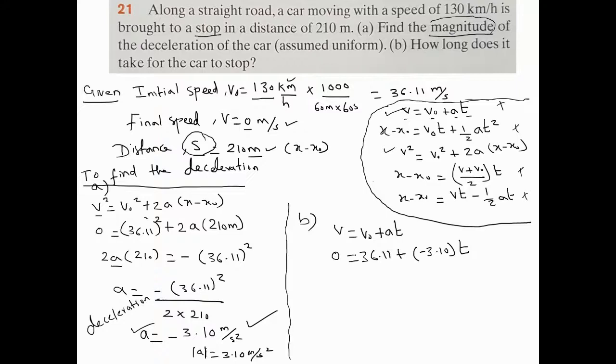If you rearrange these things, when you move this to the left hand side, your negative becomes positive. That means 3.10 t is equal to 36.11. Therefore, your t is equal to 36.11 divided by 3.10.